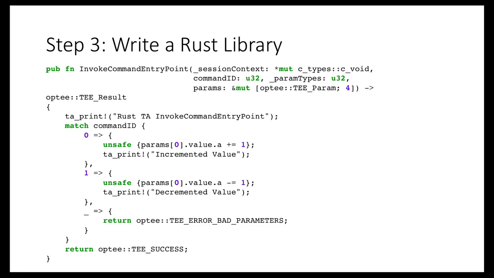But the first parameter that's passed has a value that we want to increment or decrement. So now the arrow here is telling us our return type, and that's a TEE_Result. That's an enum that was actually defined in the API, and then bindgen made us this type. So we can just do TEE:: and get access to the whole API.